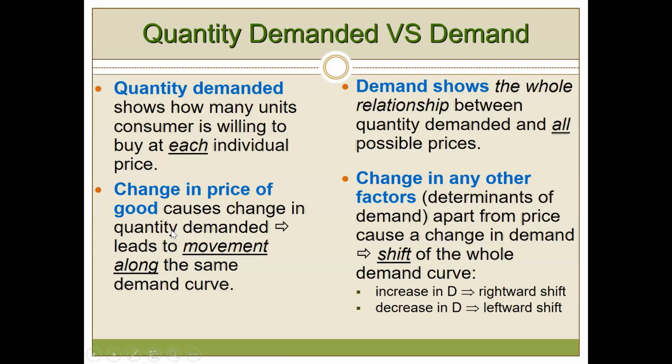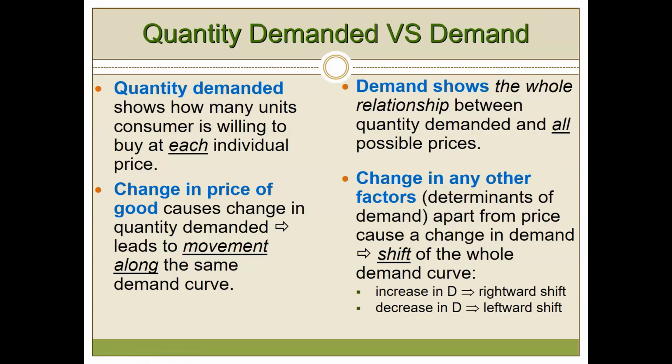The demand curve remains the same, it's unchanged, but we will move downwards along the same curve towards higher quantities and lower prices. While when we experience the change in demand, the whole table breaks down. There will be different quantities for each existing price, lower or higher quantities. And this will take place when we experience change in any other factor apart from the price itself.